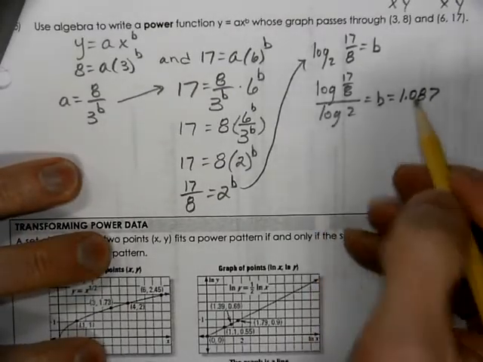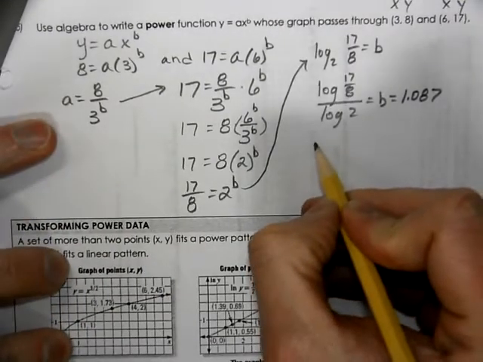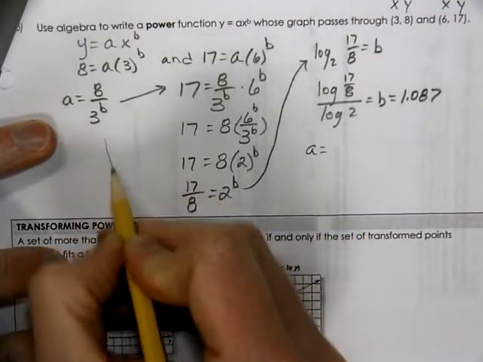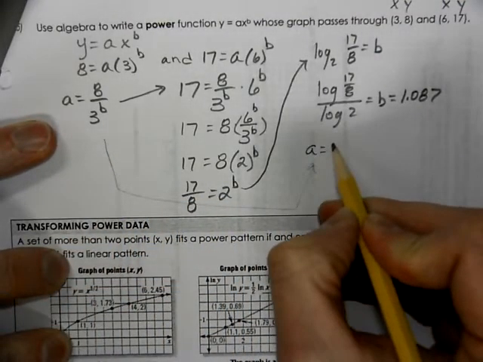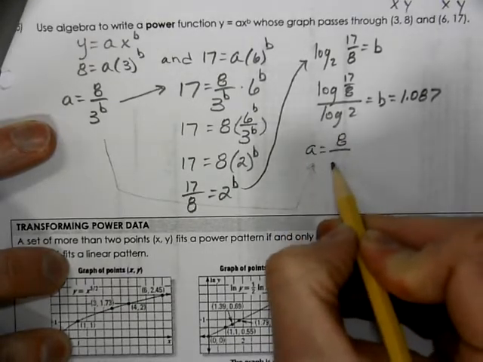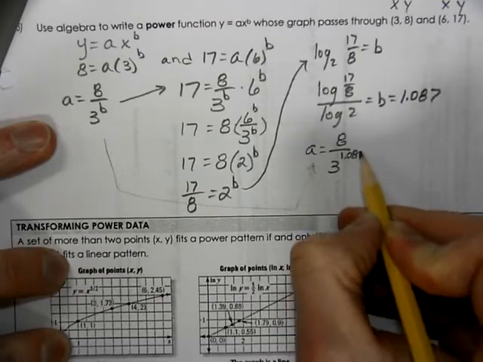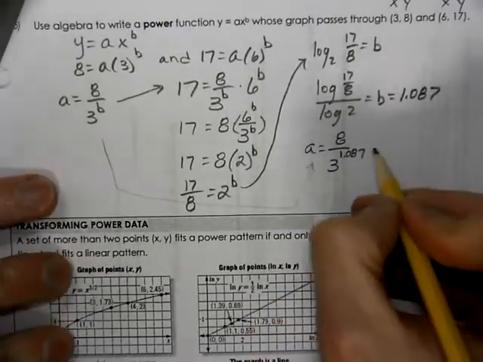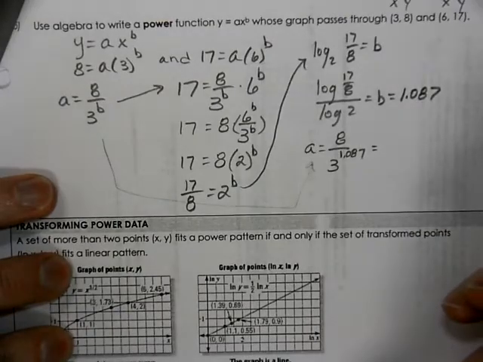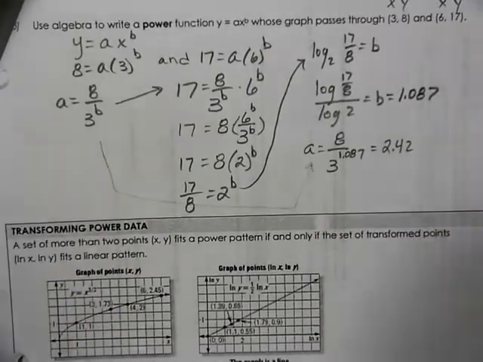So next, what do we do? We need to figure out what the A is. The A value is 8 divided by 3 to the 1.087. And I would use the real answer there, not just the rounded number. And when we do that, we get 2.42.